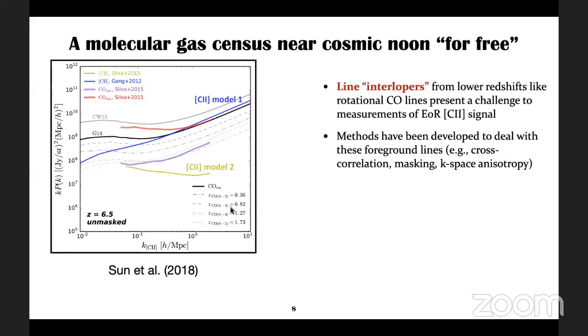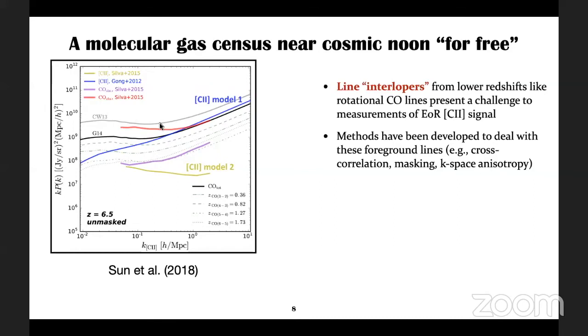These so-called line interlopers are mixed together with our target EoR signal and cause a serious problem of foreground contamination. For example, in this plot, compare the [CII] power spectral models shown in blue and yellow to all the other lines representing the power due to the CO foreground.